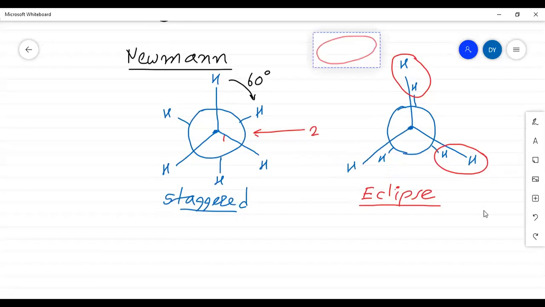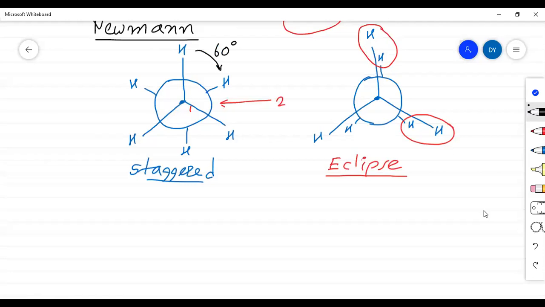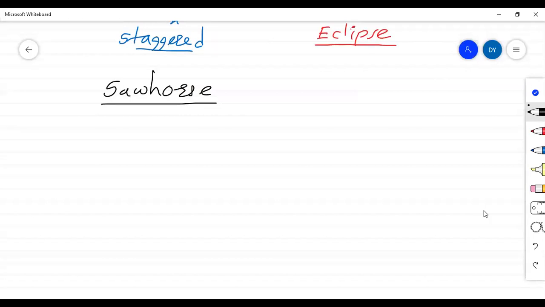Now, the Sawhorse projection formula. For this again I take the example of ethane. I give number 1 and number 2.